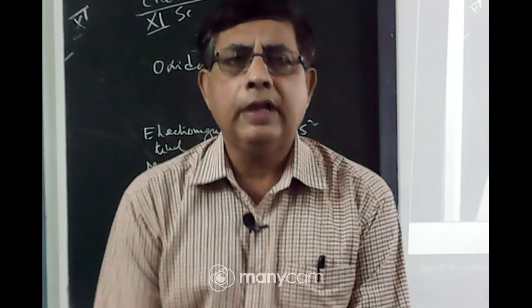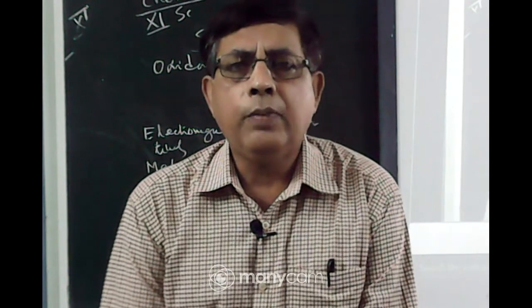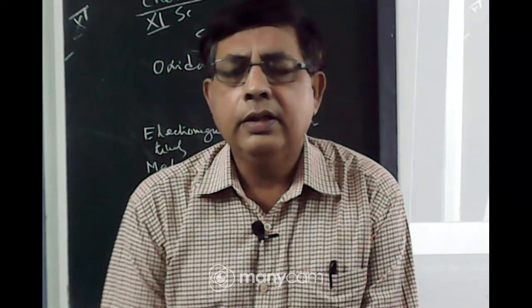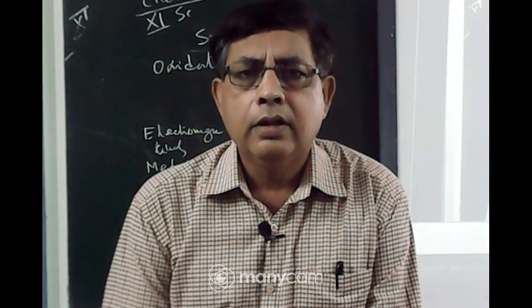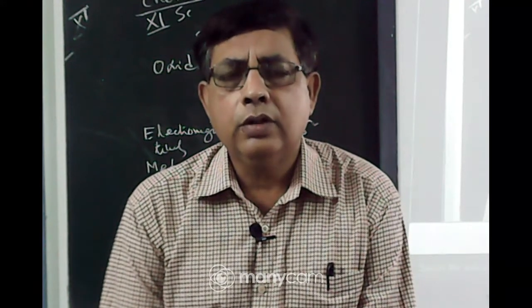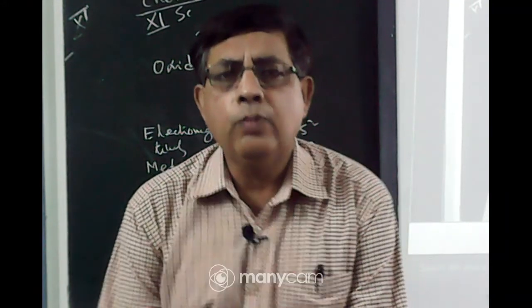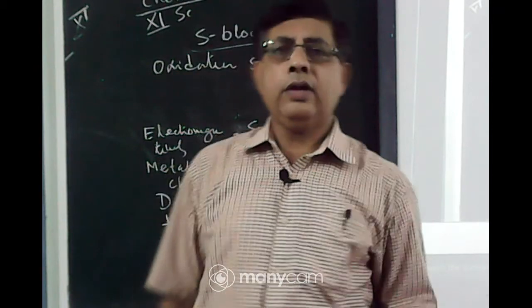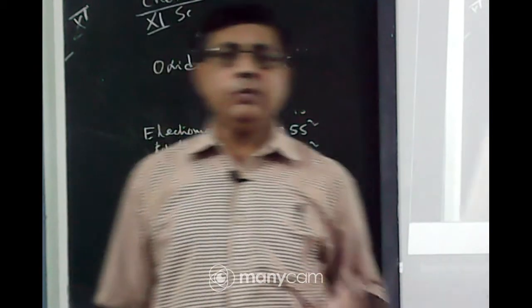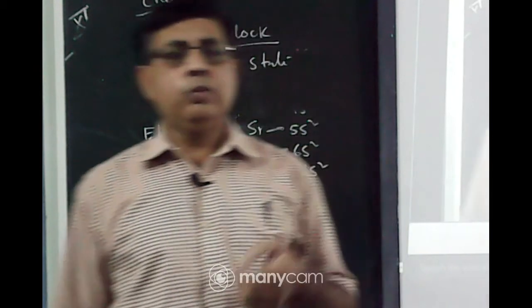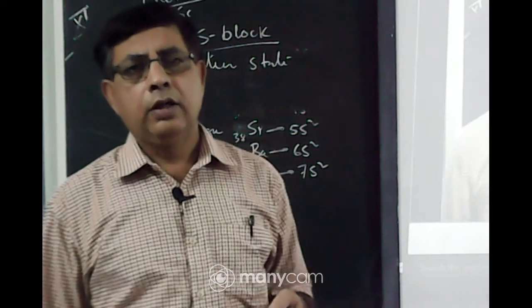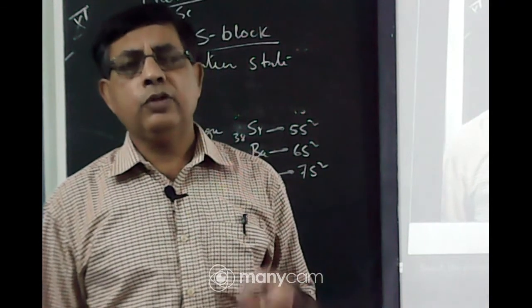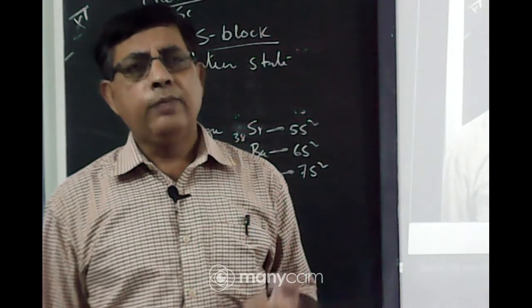Now, you know that the first IP of an alkaline earth metal is less than the second IP. This is because after the loss of one electron, the cation has a smaller size and the effective nuclear charge increases. So to remove the second electron is very difficult. So the second IP of magnesium is always greater than the first IP of magnesium.